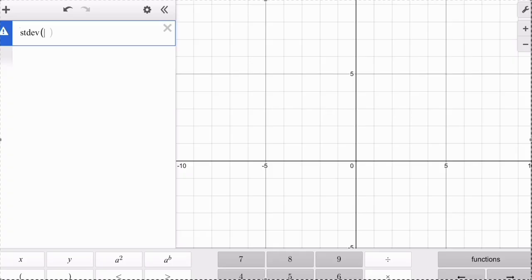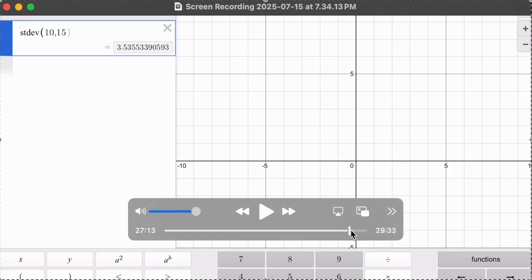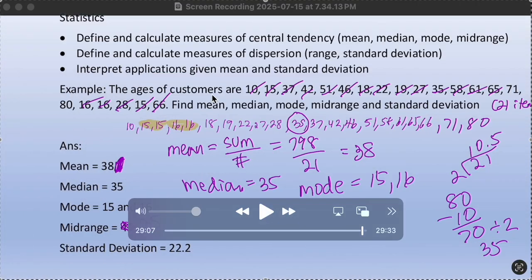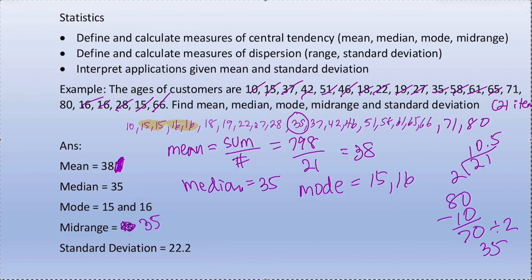So hopefully you've had that list written out on your paper. So now you go ahead and type with commas between each item from the list. So that standard deviation may be a little bit off here in this section right there.